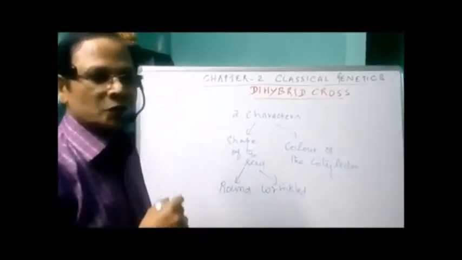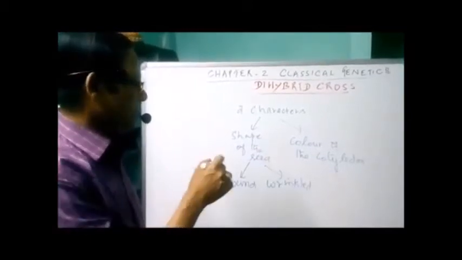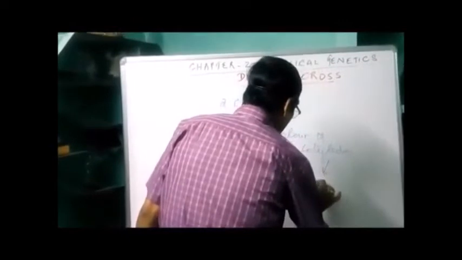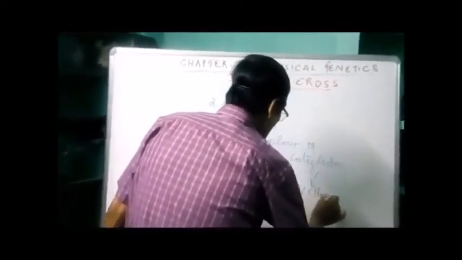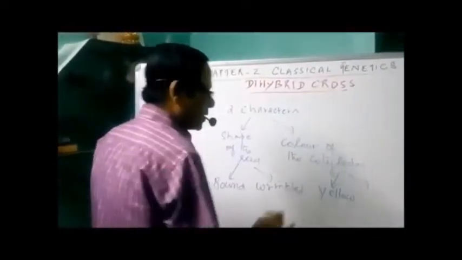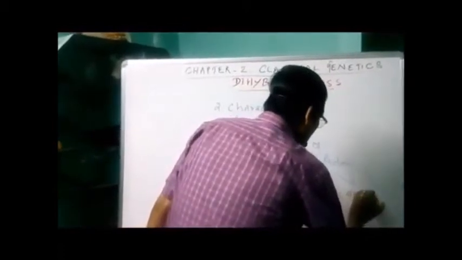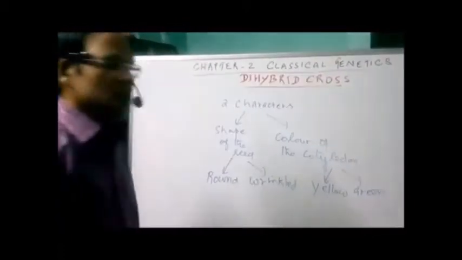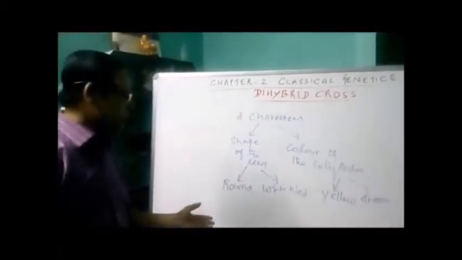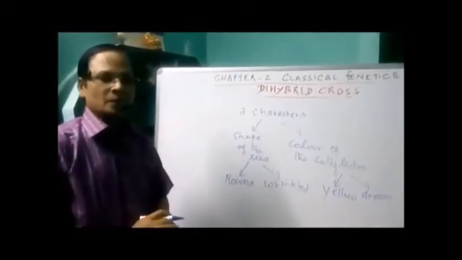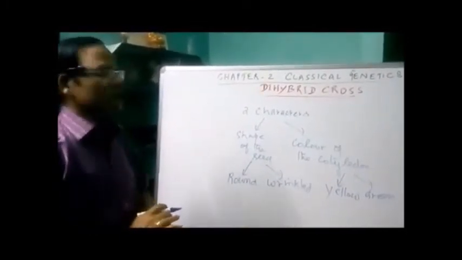Again there are two contrasting characters: one is yellow, another one green.